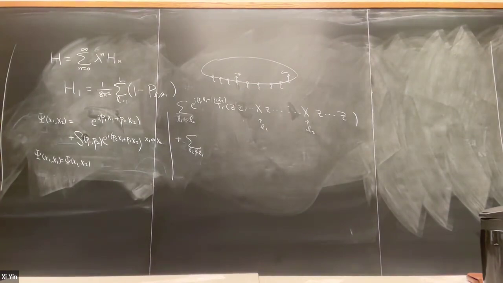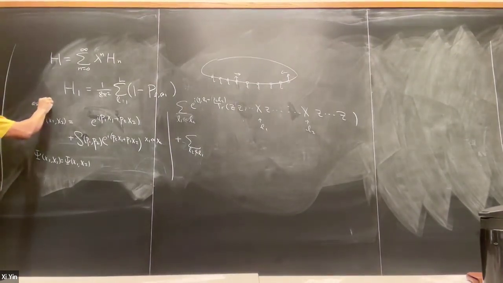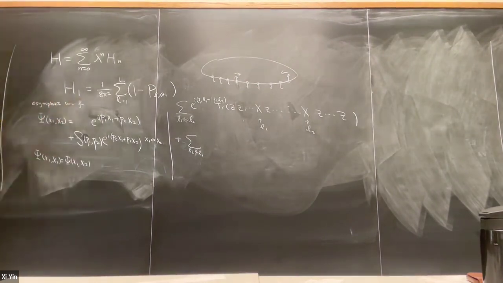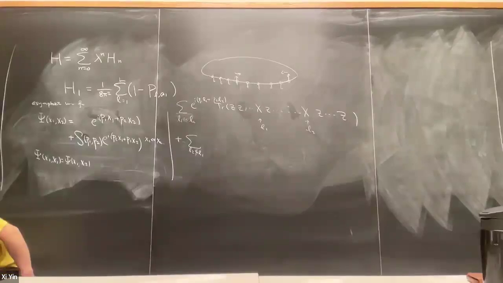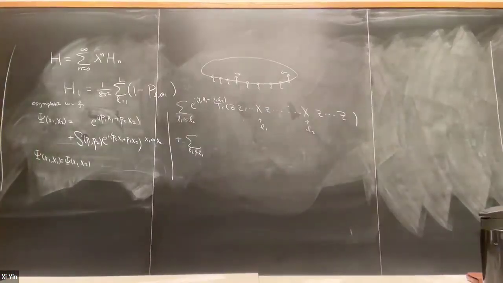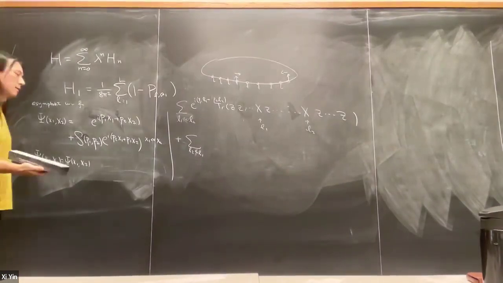All right, so far so good. Any question about this? Let me emphasize, this is the asymptotic wave function of the state of the magnons. Now, to be able to write this, we have already made an assumption of integrability.